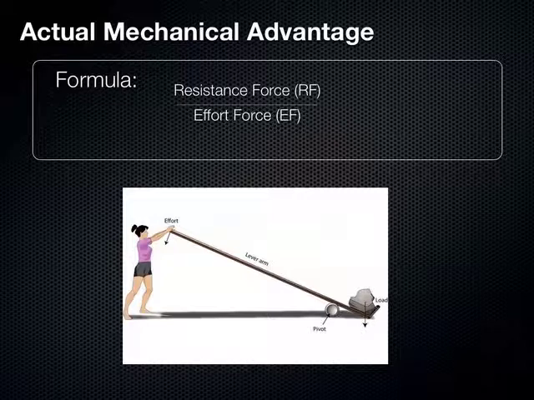Basically, what force would I need to pick up the rock? I'm using my spring scale again, I already figured this out. The resistance force of my water bottle is 3.2 newtons, the weight of that rock.